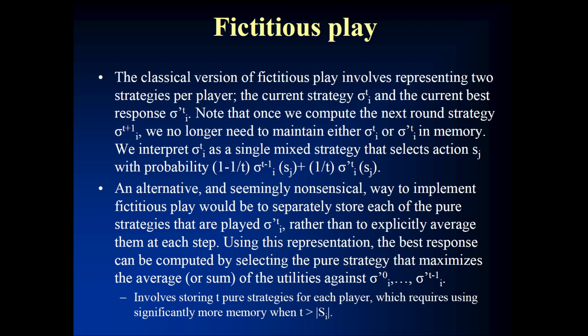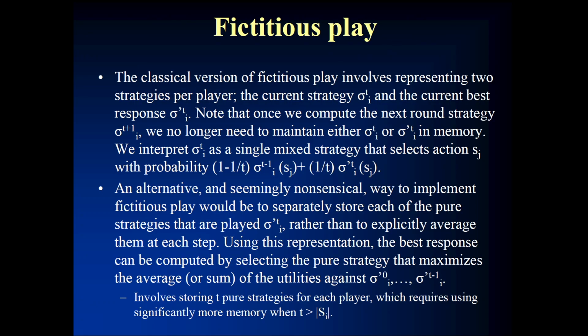Why is this seemingly nonsensical? Well, if we're on iteration 1,000, we're going to be storing 1,000 strategies for the opponent and optimizing against those, which, if there are only 10 pure strategies, is a waste.